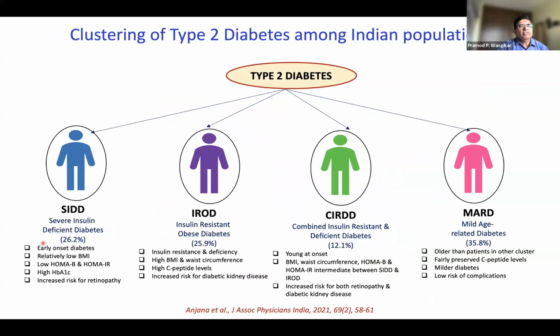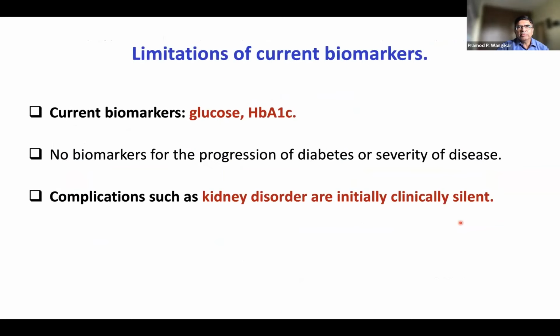We can see the percentages, 26% for severe insulin deficient, all the way to mild age-related, 35% or so. As I mentioned, the mild age-related diabetes, with onset at a later age, is the least aggressive of all. So it's important to find out what class of diabetes it is, for patient stratification.